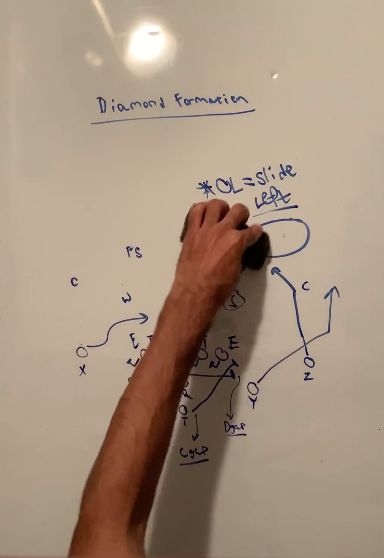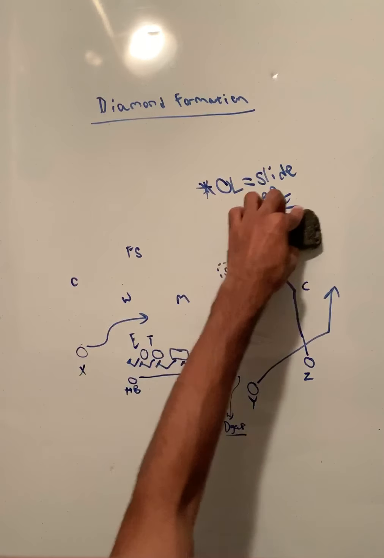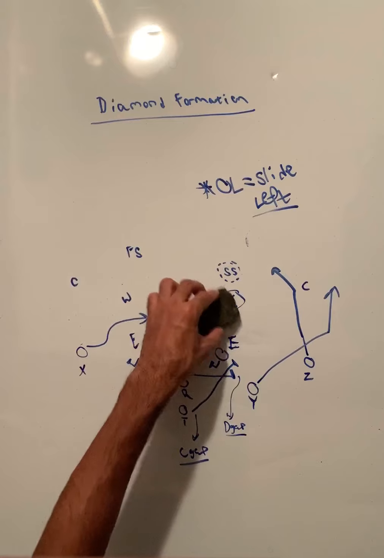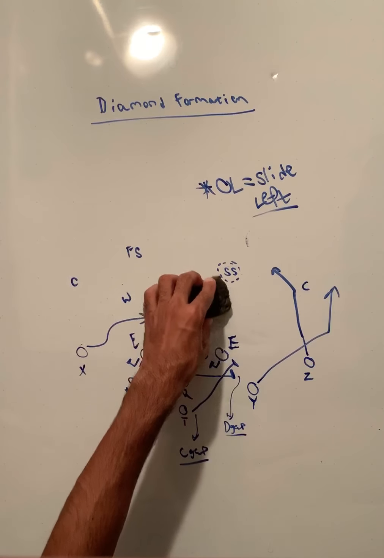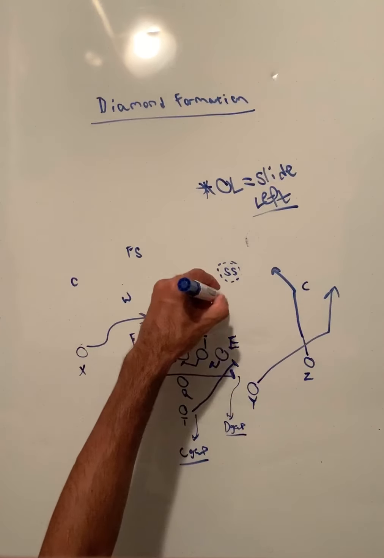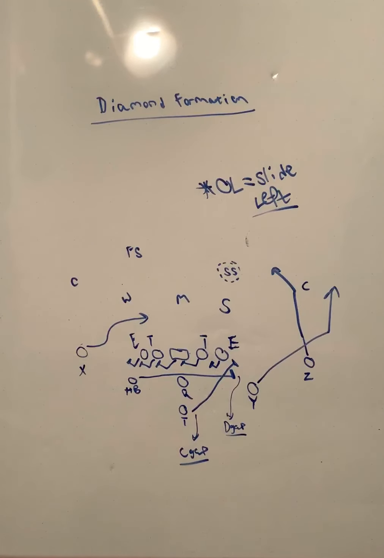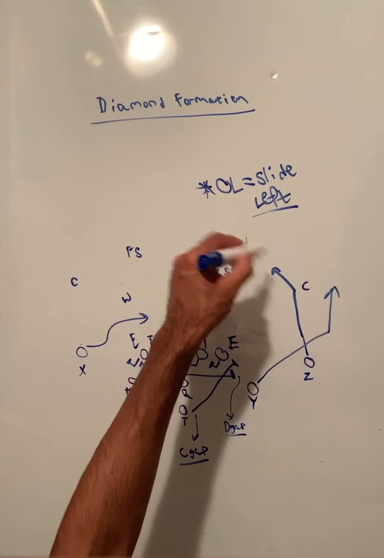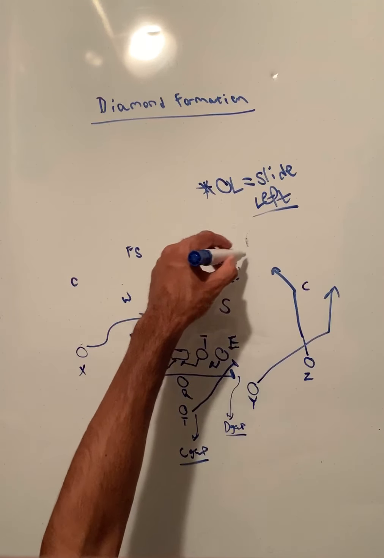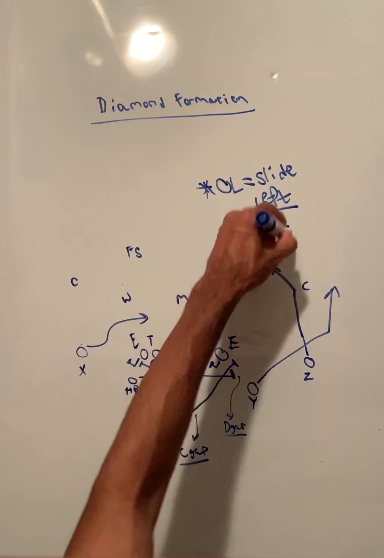Now, if the strong safety does not roll, and he pinches underneath, the strong safety, he comes down underneath, then we're going to have the post one-on-one with the corner, because this spot is still open.